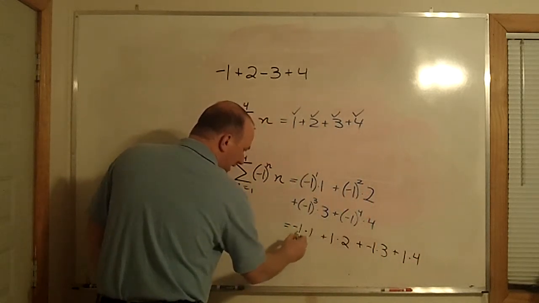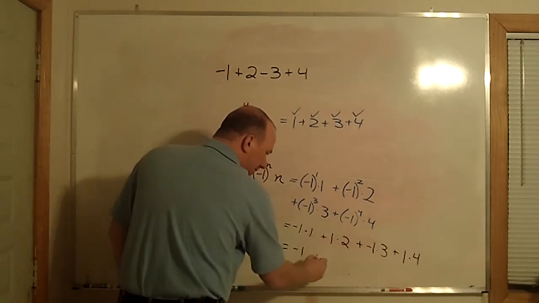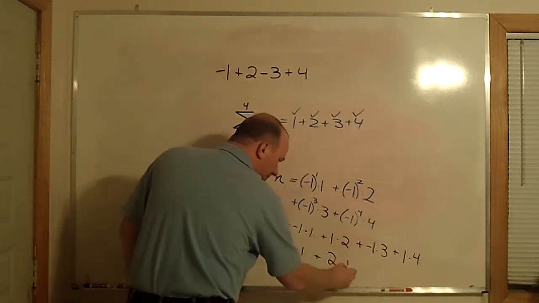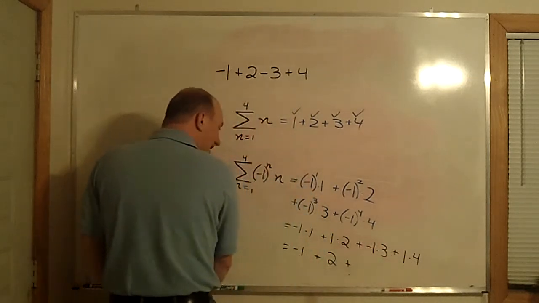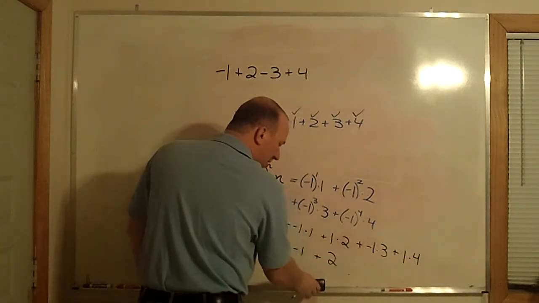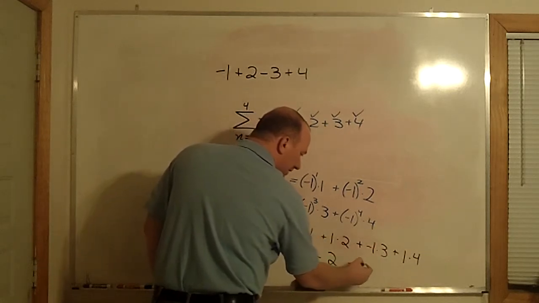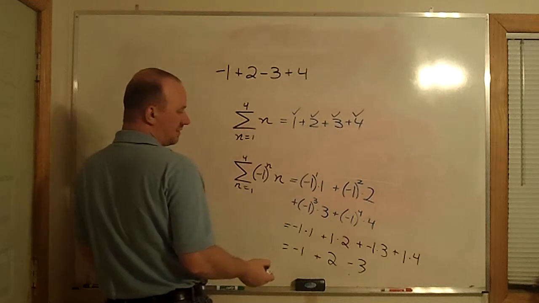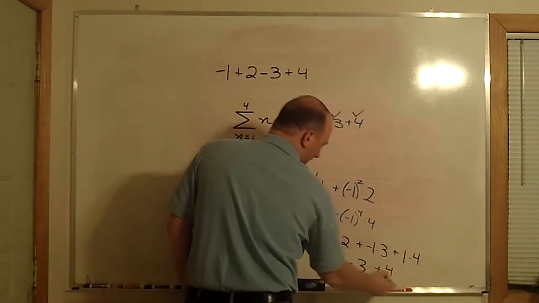Look what happens. Negative 1 times 1 is negative 1. 1 times 2 is just 2. A negative 1 times 3 is a negative 3. So it would be plus a negative 3, which really turns out to be just minus 3. Then the next one will be 1 times 4 is just 4.